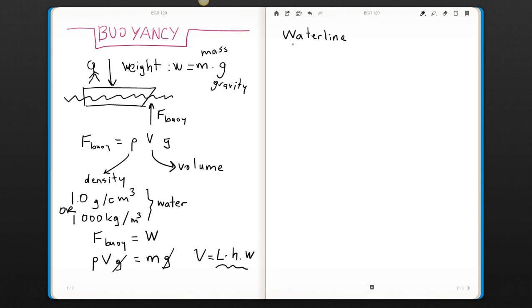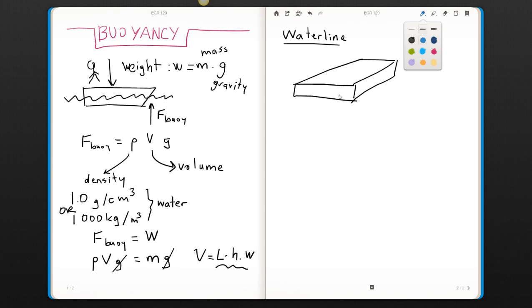So let's do a simple calculation. Let's have a structure, like a simple rectangular structure, that is in the water.